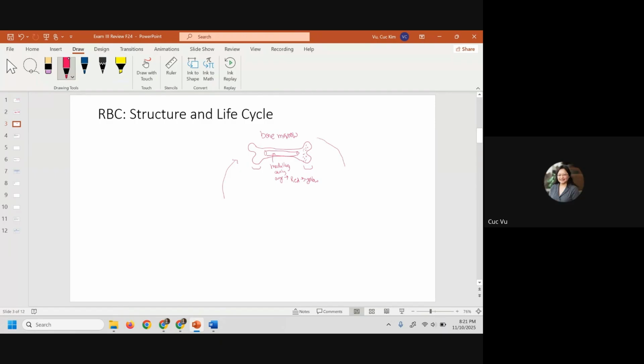Well, in order to produce red blood cells, you do need hemoglobin. So hemoglobin is the building block of a red blood cell. But what stimulates the bone to assemble the hemoglobin together to make a red blood cell?